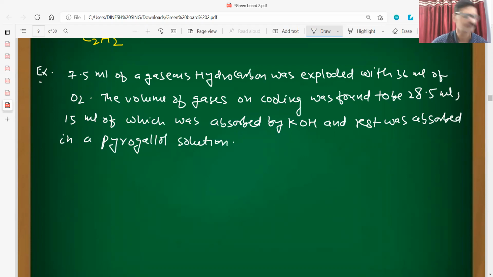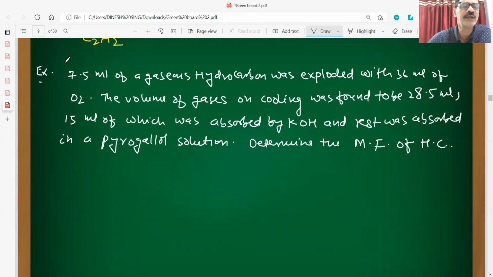Is it clear? So determine the molecular formula of the hydrocarbon. This is the question.